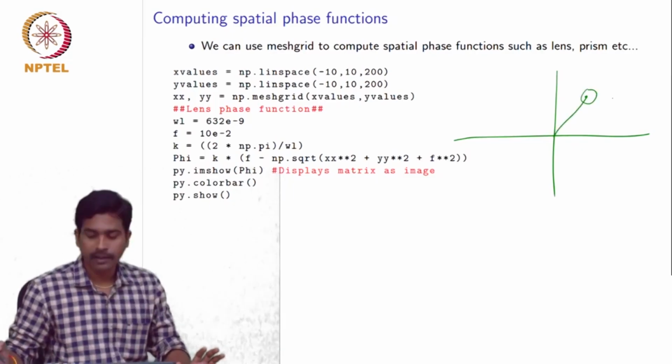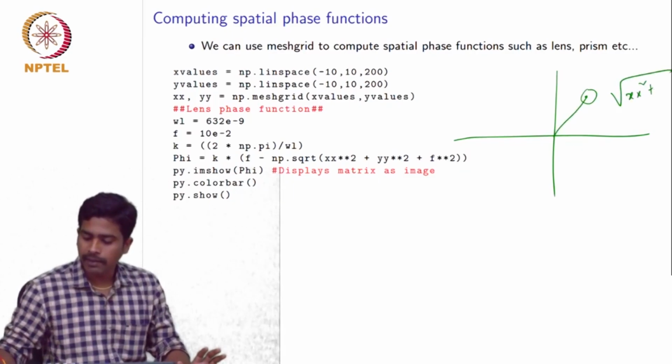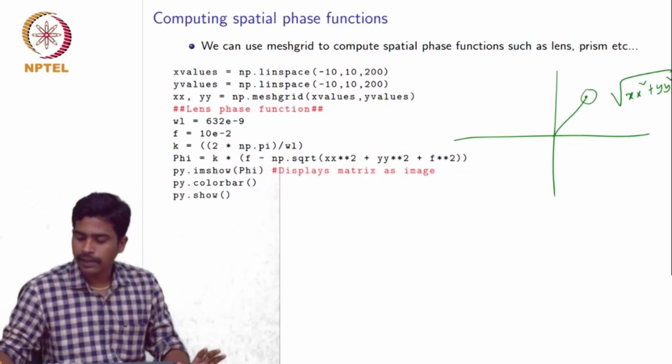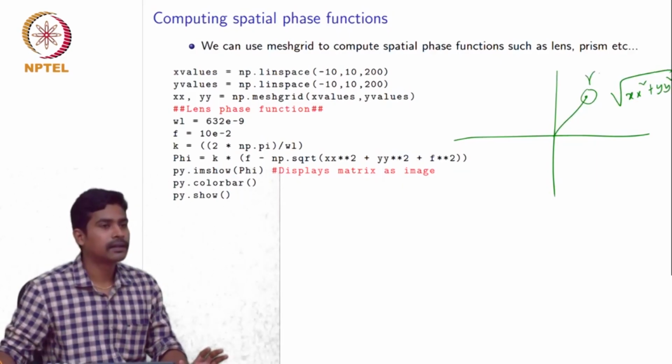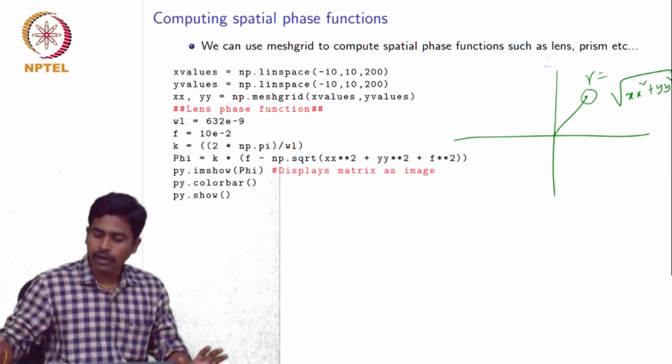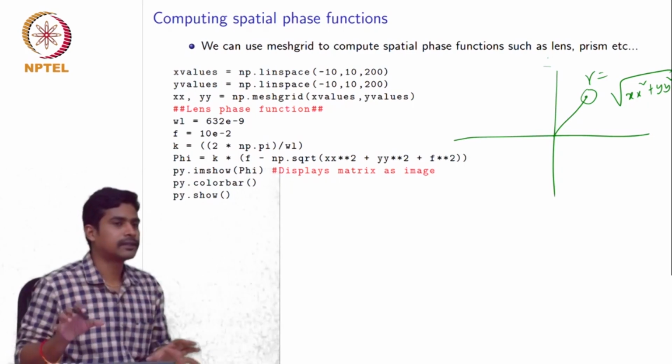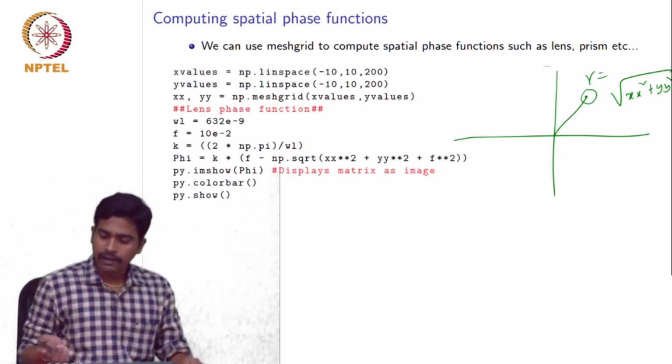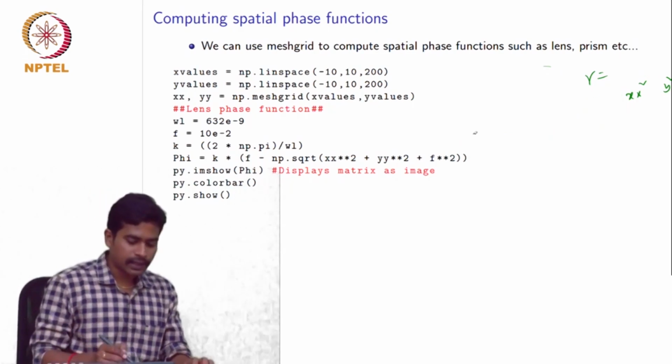If there is a point here, the radial distance is given by the square root of xx square plus yy square, right? If you say r equals this, it converts all these xx and yy into radial points. That is what we have done here. Or if this is too complicated, just forget it.